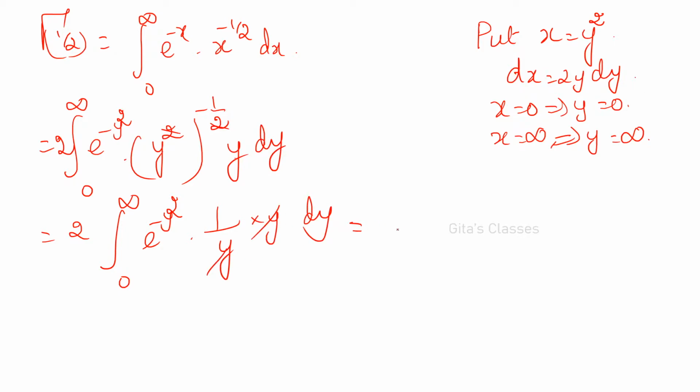So this becomes 2 into integral 0 to infinity e power minus y squared dy. What is this? Gamma of 1 by 2.